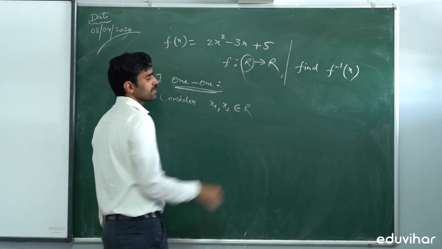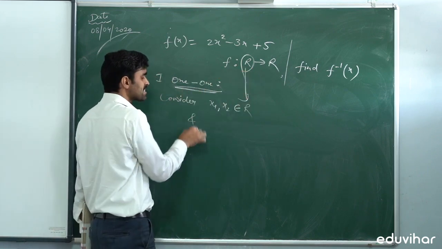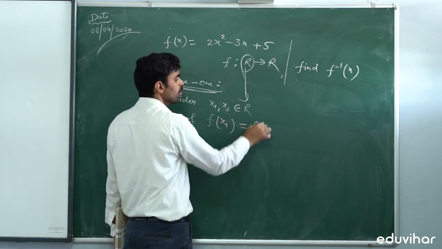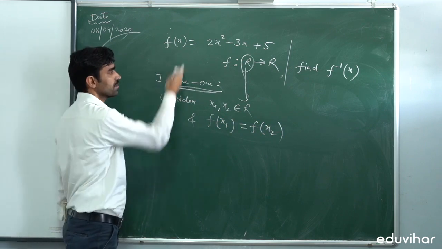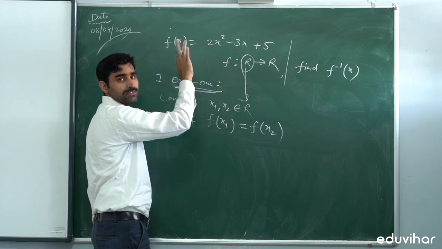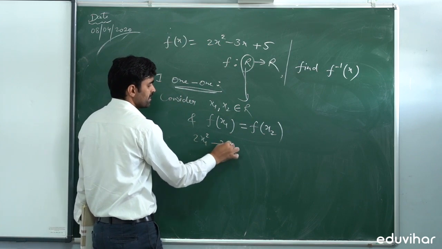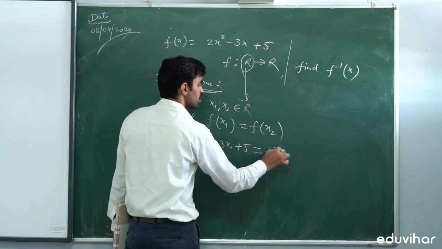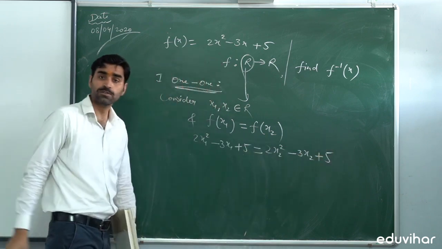Consider x1, x2 belonging to the domain, such that f(x1) = f(x2). Then put x = x1 everywhere in the given function: 2x1² - 3x1 + 5 = 2x2² - 3x2 + 5.